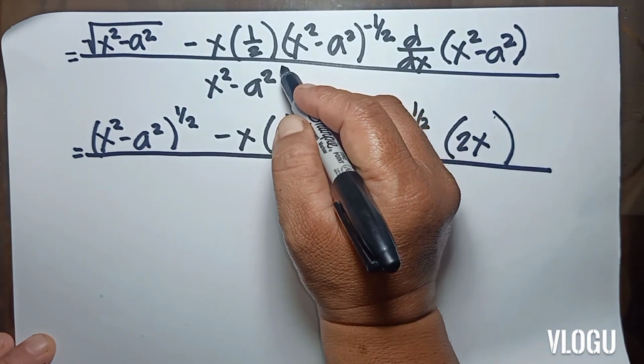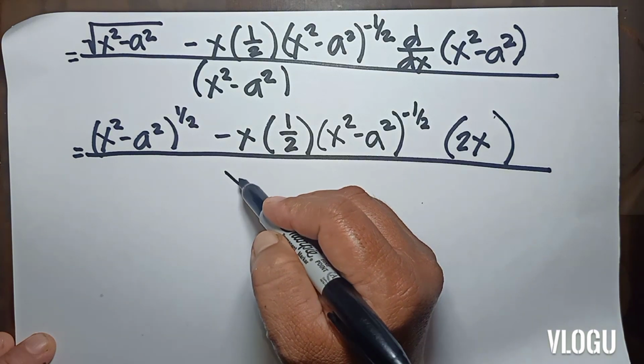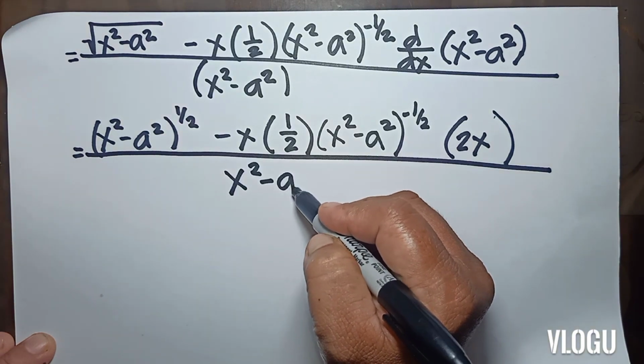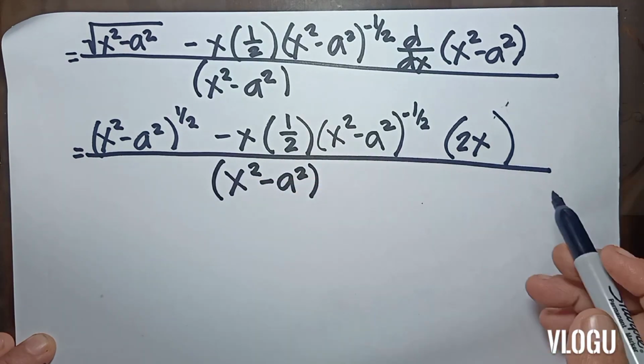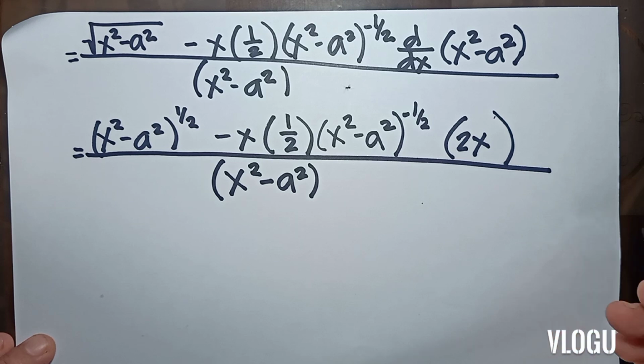Our denominator is x squared minus a squared. So we can simplify this further.